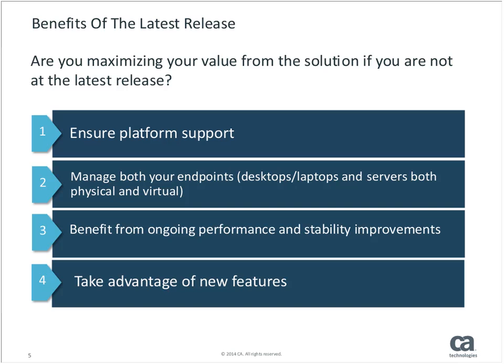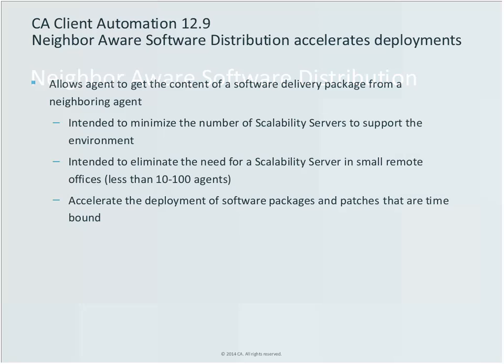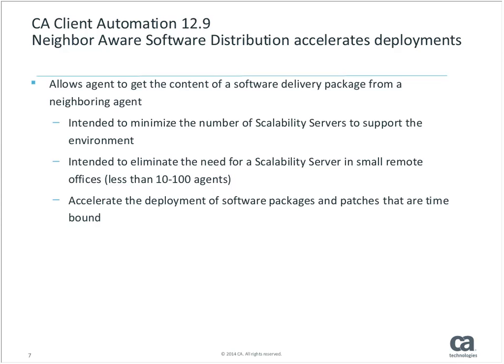The first feature I wanted to talk about was neighbor-aware software distribution. So there were some high-level goals that we wanted to provide with implementing neighbor-aware software distribution, mainly to accelerate deployments of software delivery payloads, whether those are product installs, whether those are patches, whether they're files or folders or scripts. We wanted to be able to accelerate getting software delivery packages to the endpoint.